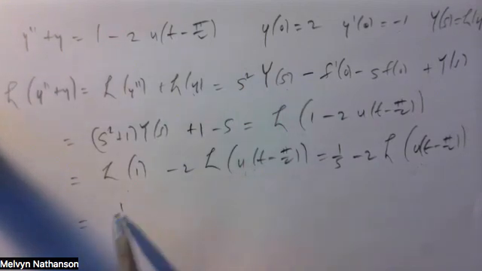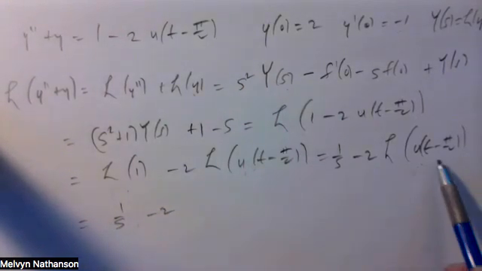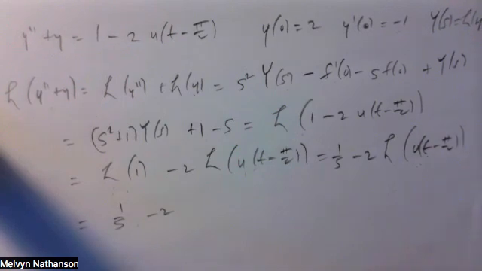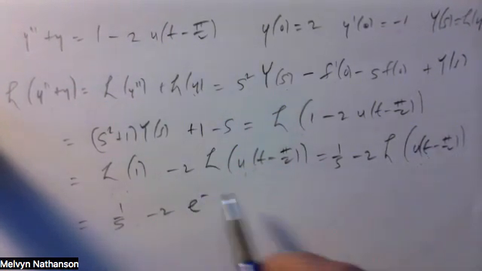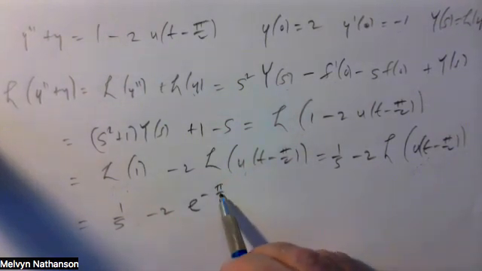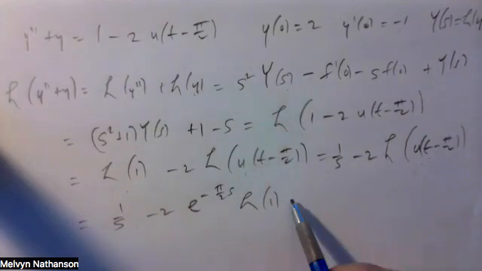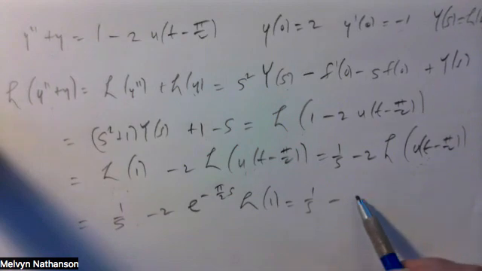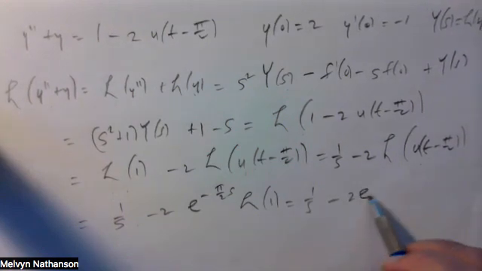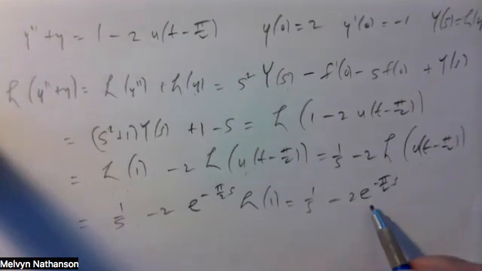So this is equal to 1 over s minus 2, and this is e to the minus tau s, where tau is pi over 2, so e to the minus pi over 2 s, times the Laplace transform of 1, which is 1 over s. So this is 1 over s minus 2 e to the minus pi over 2s times 1 over s.